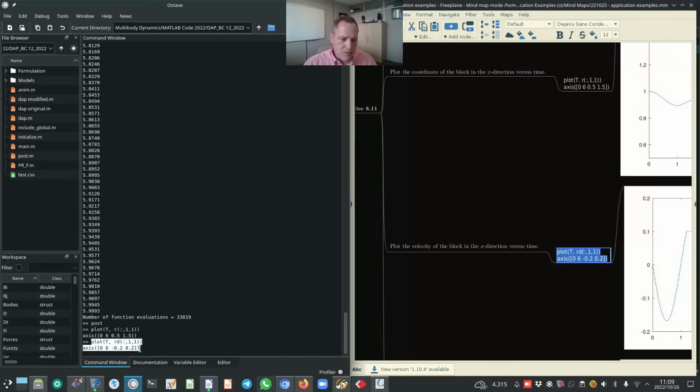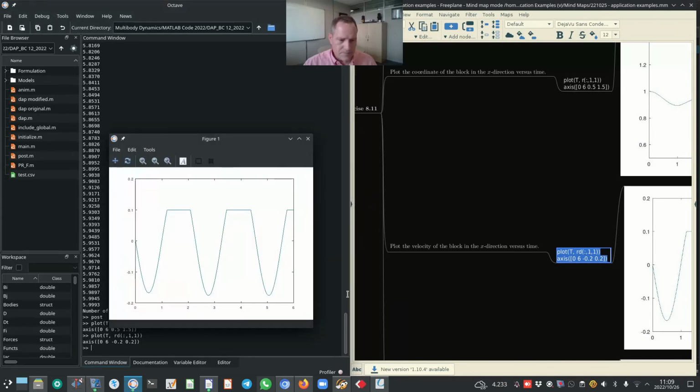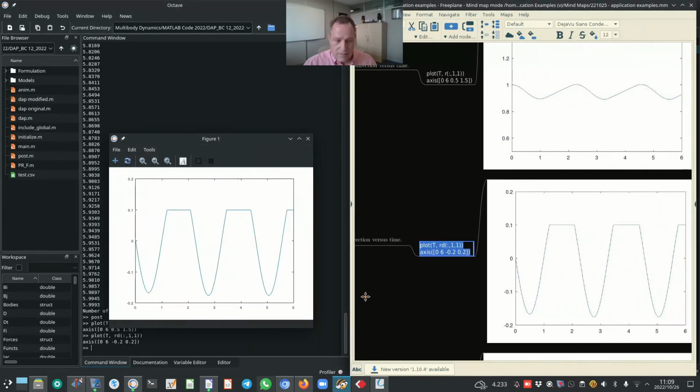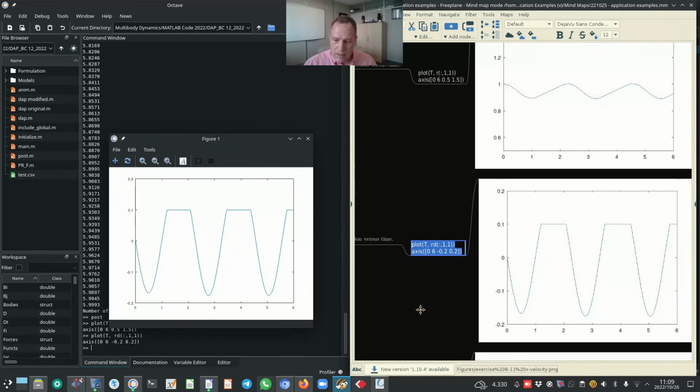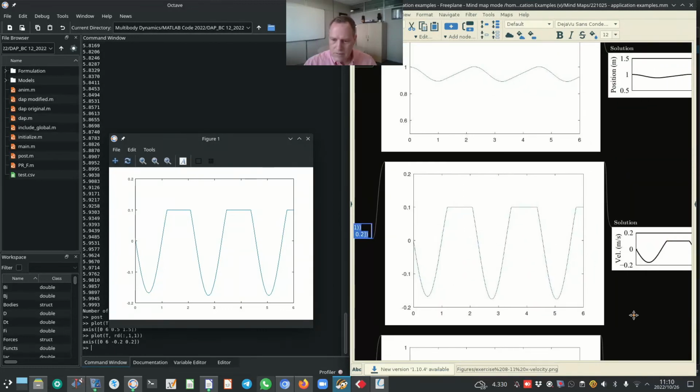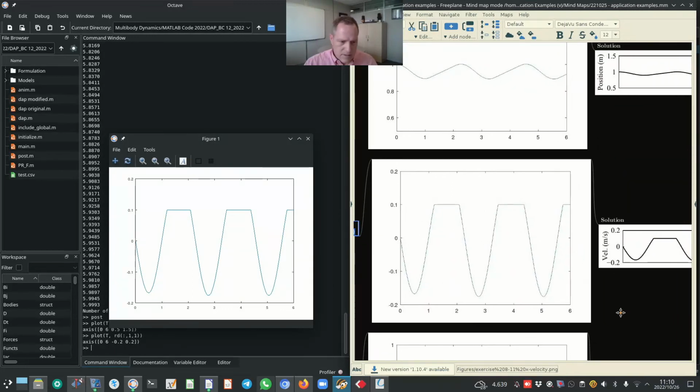As for the positions, we also scale our axes to correspond to the results that Prof. Nikravesh published. So if I enter that, that's the velocity. Now this is an interesting graph.